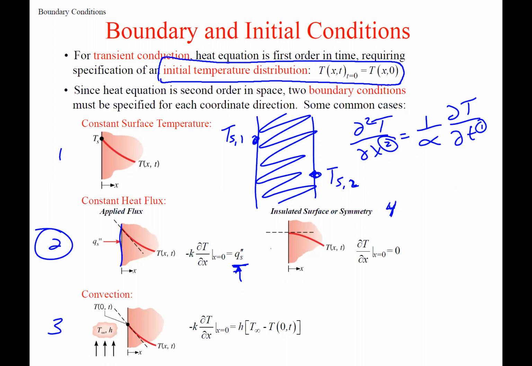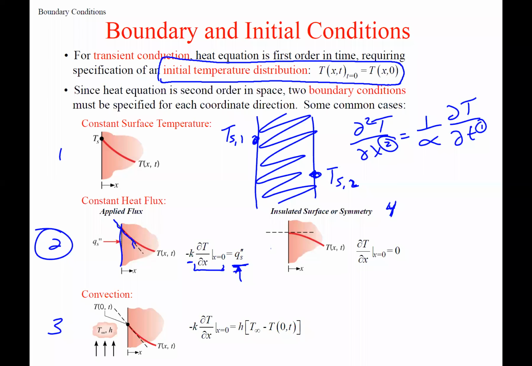Well, that means for that to stay fixed on the right, the left has to be constant also in Fourier's law at that boundary. So k, the property, stays the same. That means this dT/dx at x equals 0 has to be a constant. And that is the slope of temperature, and you see it here, right?